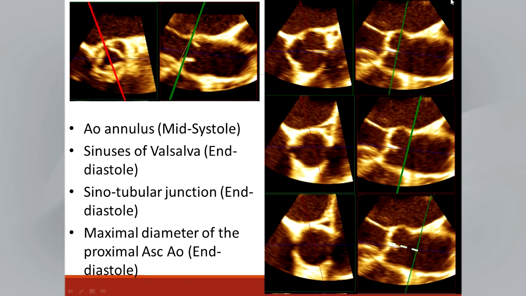The committee decided that these three measurements should be performed differently to what you do with MRI and with CT, in which they use the inner-to-inner convention. We are saying that we should measure from this outer point to this inner point here.